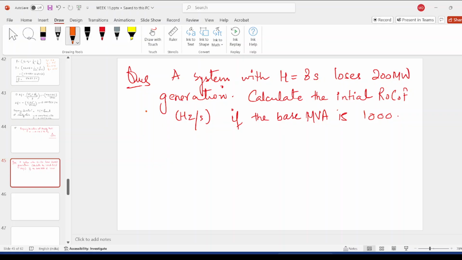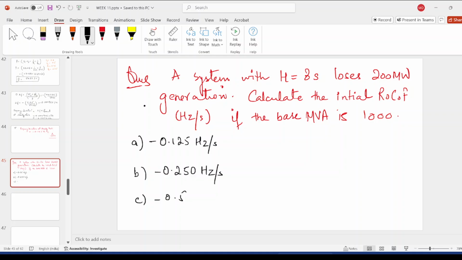So the options are: A, 125 hertz per second; B, minus 0.250 hertz per second; C, minus 0.500 hertz per second; D, minus 1.00 hertz per second.